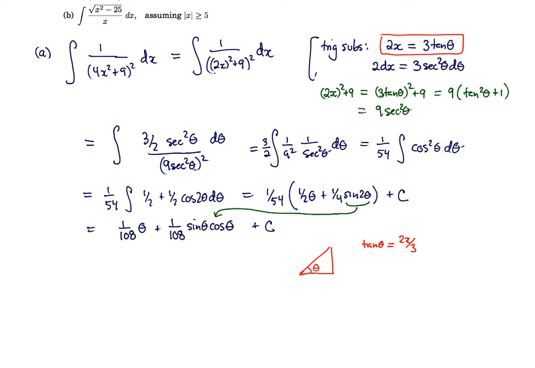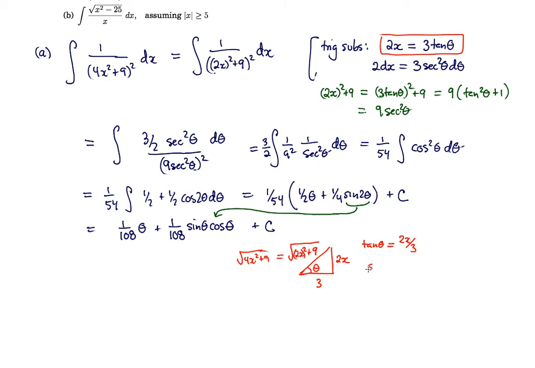And what's tan of theta? Tan of theta is side opposite over adjacent, so we can have an opposite side of 2x and an adjacent side of 3. And that means that the hypotenuse is then the square root of 2x squared plus 9, or in other words, the square root of 4x squared plus 9.